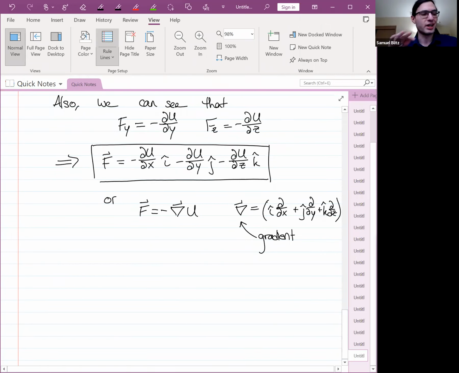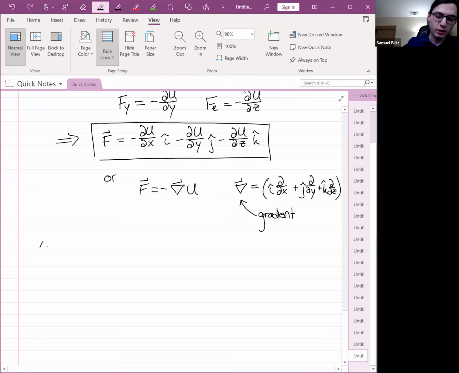So just as a quick aside, this way of getting the force from a potential energy function u only works for conservative forces, right? Because non-conservative forces don't have potential energies. So what we can actually do is give another way of figuring out if a force is conservative.